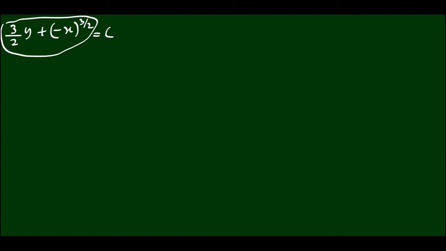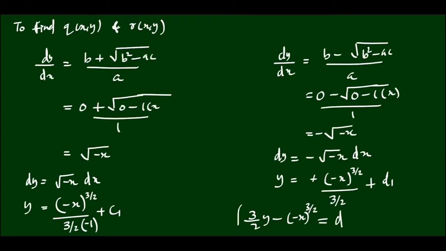We have got this term equal to a constant, so I can choose this term as q of x, y and this term as r of x, y, and q, r will be our new variables.